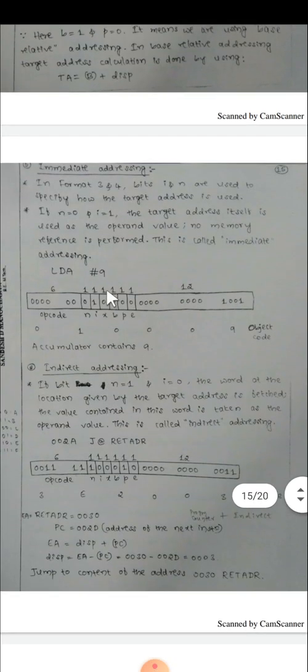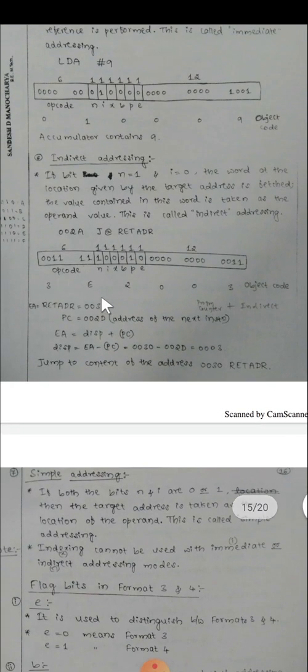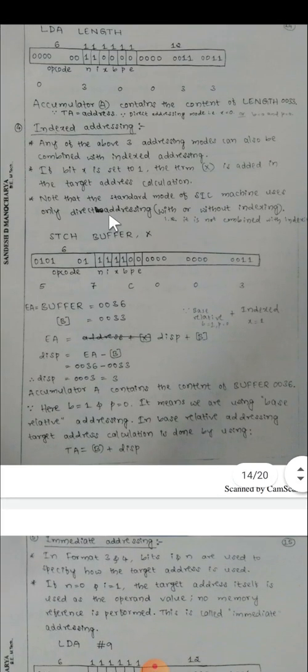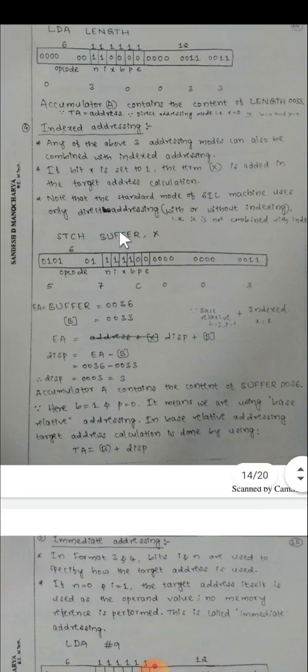In immediate addressing also we have used X value as 0, but in indexed addressing mode we are using that X value as 1.